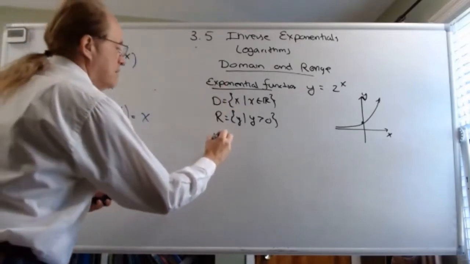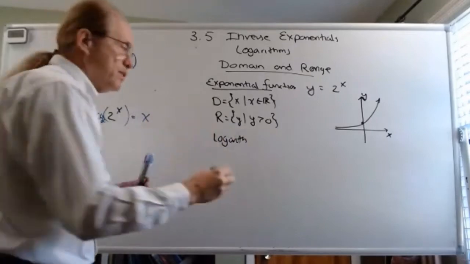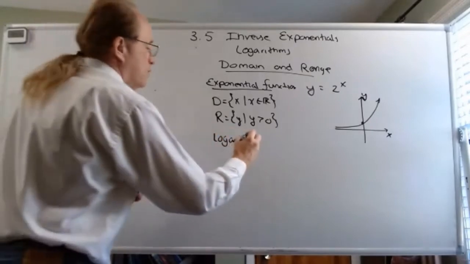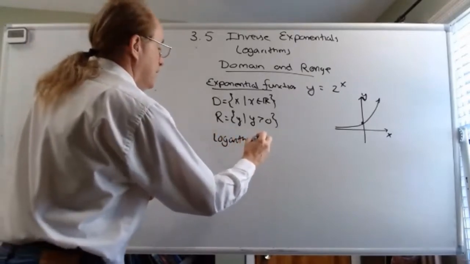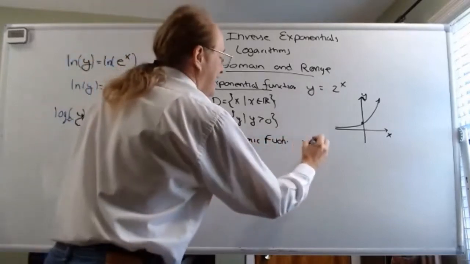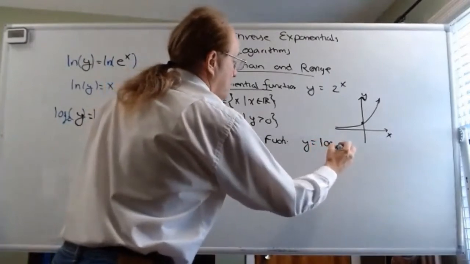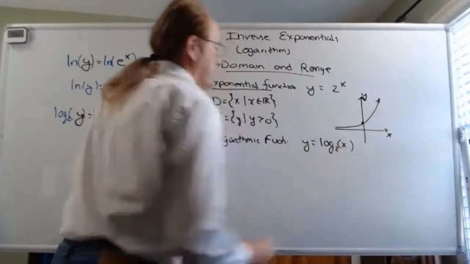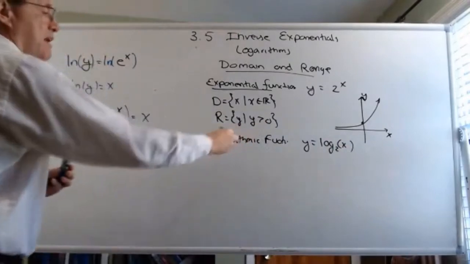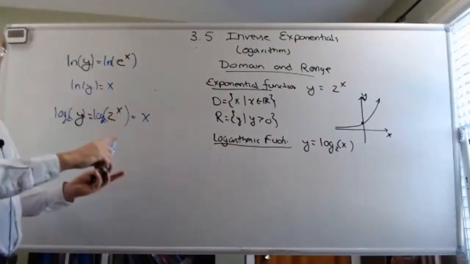So if I look at the logarithmic function, and this doesn't hold all the time for everything, but this holds over here for y equal to, say, the log in the base 2 of x. Well, how did we find that function? What did we do? Remember, we swapped the x and the y coordinates.